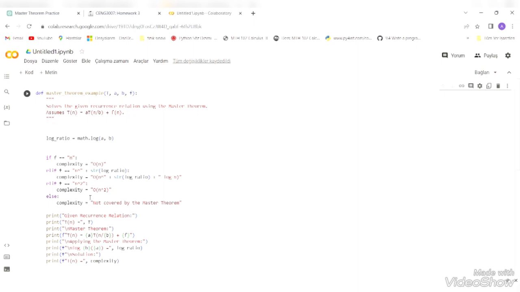Finally, the script prints out the given recurrence relation, the master theorem formula, the calculation of the logarithm ratio, and the resulting solution. The script concludes by testing the function with a sample recurrence relation.